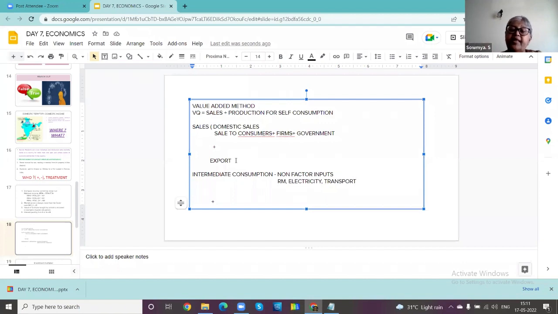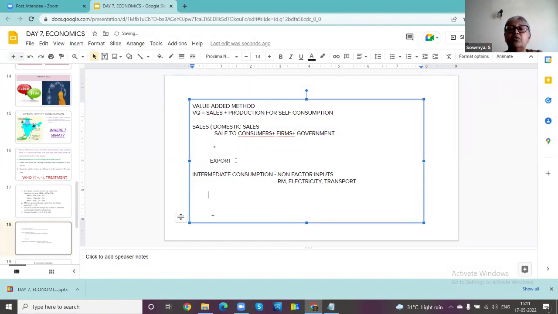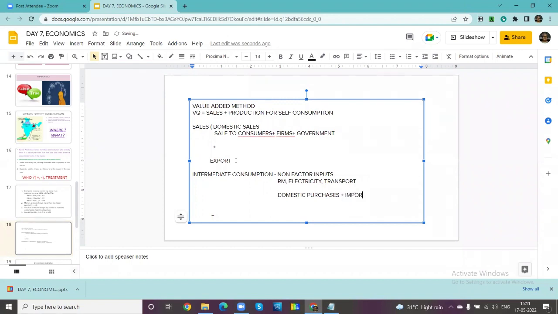Then next we'll have to tell them: if raw material is not available in our own country, what do we do? We have to import. So once we say intermediate consumption expenditure, everything comes under it. It is a comprehensive word. What will be inside it? Domestic purchase of raw materials will come, and if it is not available here, it is going to be imported. So domestic purchases plus imports, both put together, make up intermediate consumption.